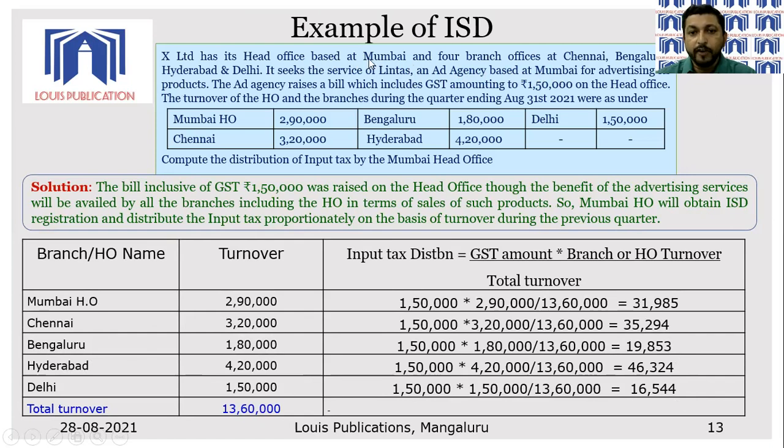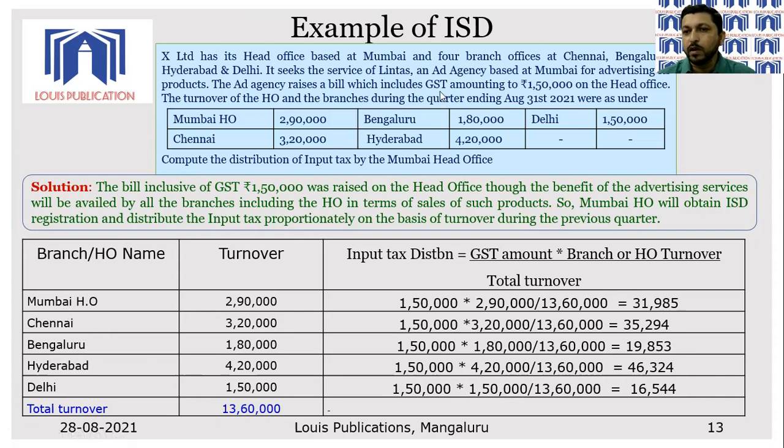Important point, when the head office at Mumbai is allocating this input service tax or input tax to its branch offices in Chennai, which is in another state, Bengaluru, which is in another state, Hyderabad, which is in another state, Delhi, which is in another state, at that point of time, though CGST will be applicable in that particular bill, it will be IGST, which will be allocated to these 4 branches because these are based in another state. IGST will be applicable.